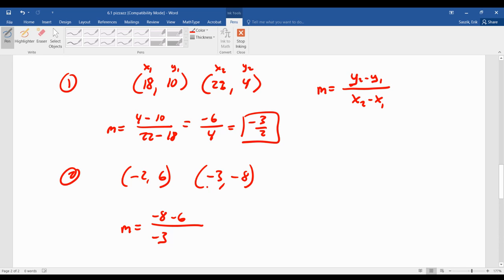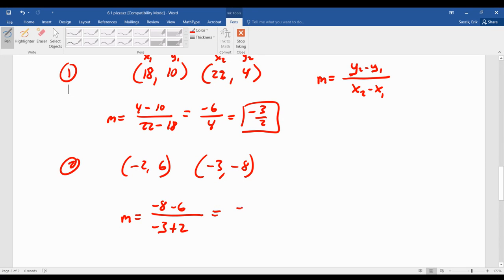Now remember, it's minus a -2, because the formula says minus. So if you subtract a negative, that becomes plus a positive. So this becomes -14 over -1. Those negatives cancel, and our slope is just 14.